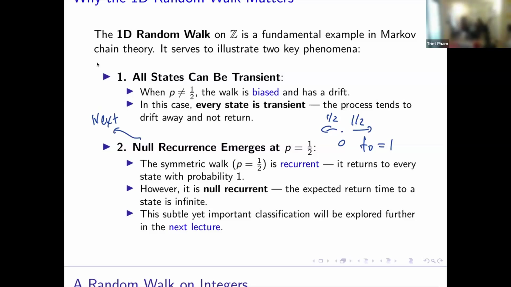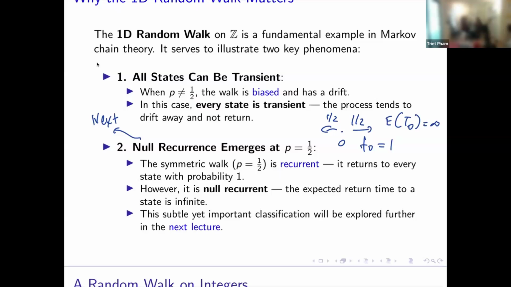What that means is, even though you're guaranteed to return, the expectation of the return time is actually infinite. That's why it's kind of weird. Meaning that yes, you're guaranteed to return, but you will have to wait forever on average for it to return. So that's null recurrence.